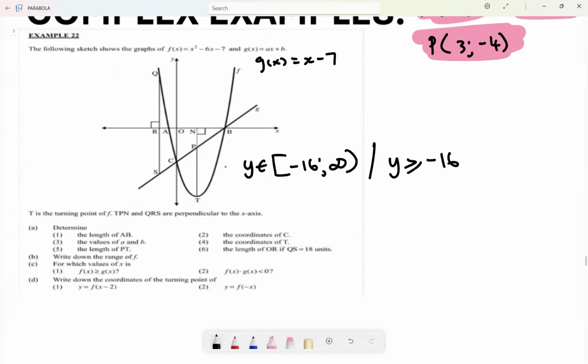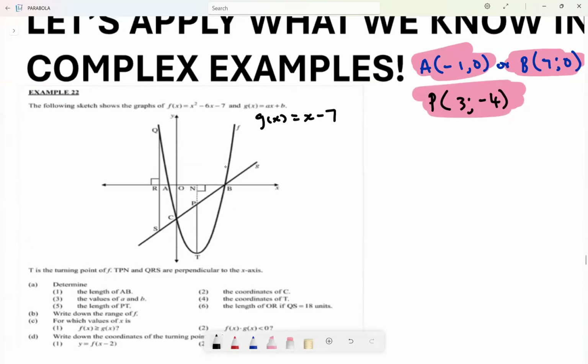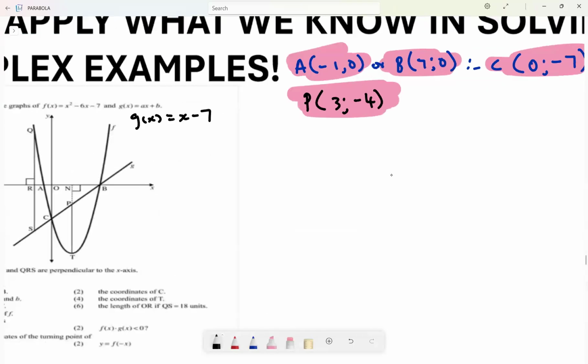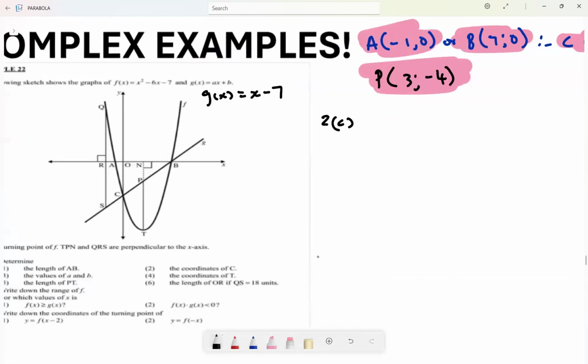Now, I'm interested in questions for number C. Number C1 says, determine the values of x where f of x is greater or equal to g of x.